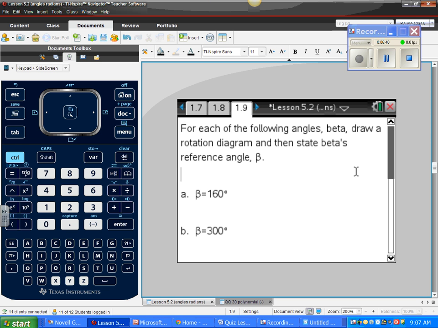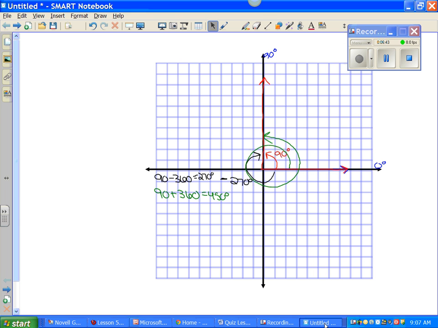Now, we have some rules that go along with reference angles. If you didn't already write them down, you need to write them down. Are you guys ready? So you're going to draw this in your notebooks. When we're dealing with reference angles, we have some rules that allow us to find the reference angle of an angle very quickly. If the angle is drawn in standard position, and it's a positive angle, we have 4 rules.